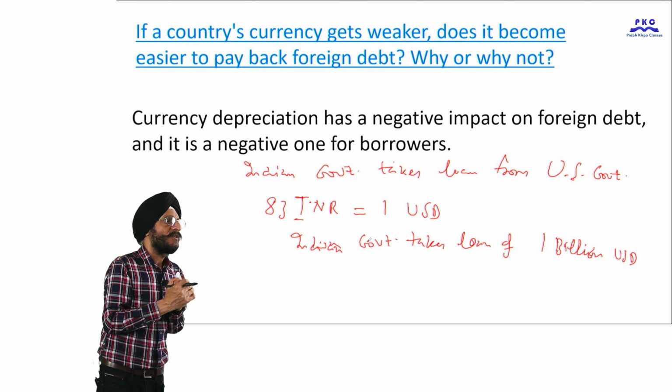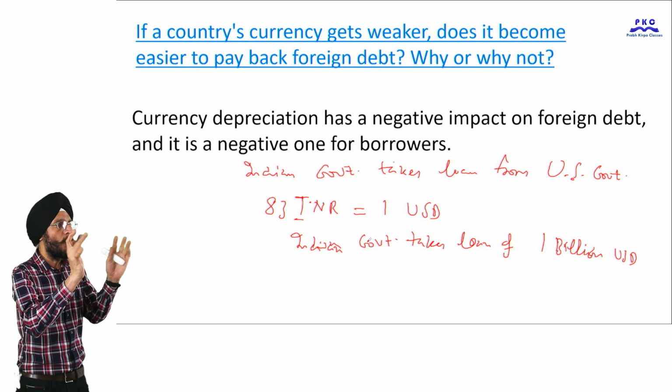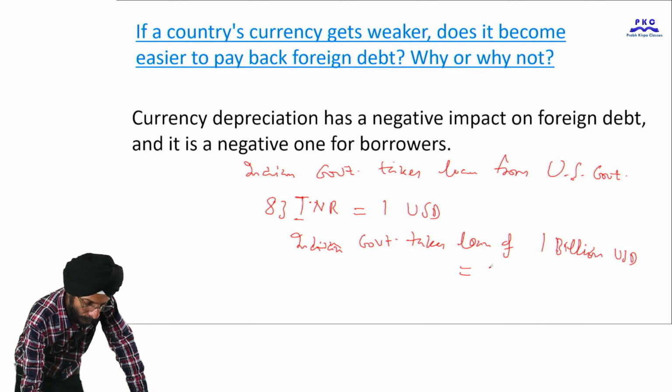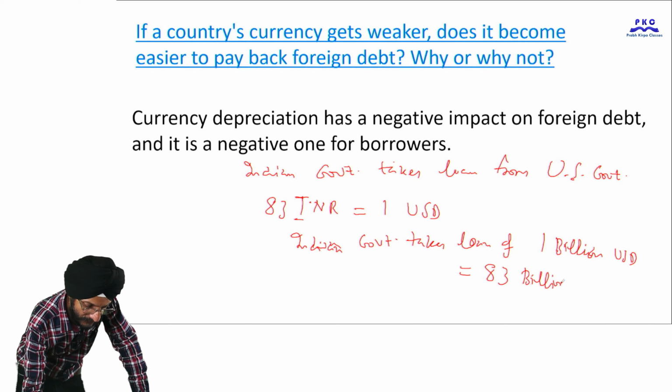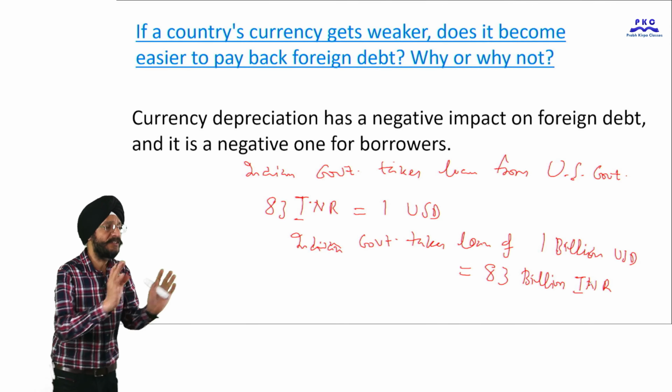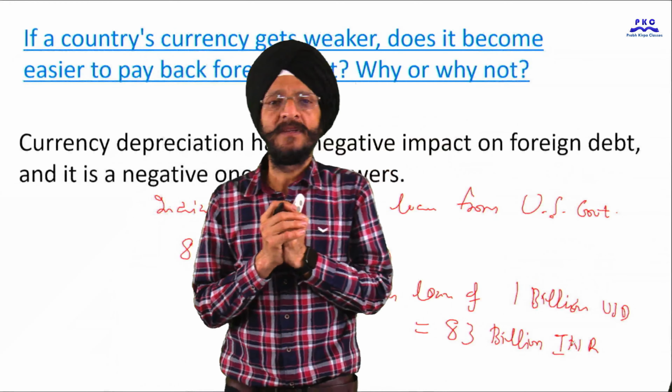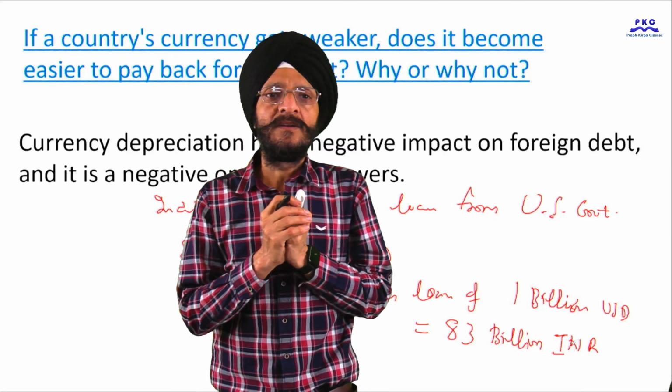In other words, we can say that the loan taken by the Indian government in Indian rupees is equal to 83 billion Indian rupees. This is the loan which has been taken by the Indian government.